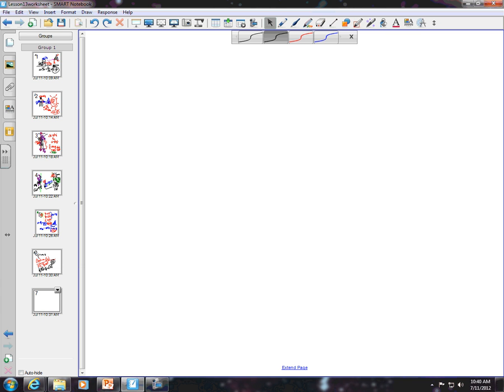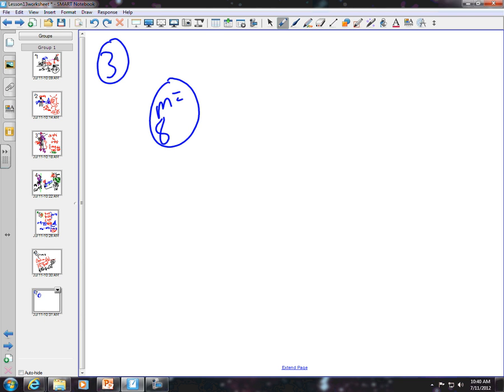So page 102, number 3. 8-kilogram ball. Mass, 8 kilograms. Rolling at 2 meters per second. It means in this direction the velocity is 2 meters per second. Bumps into a pillow.